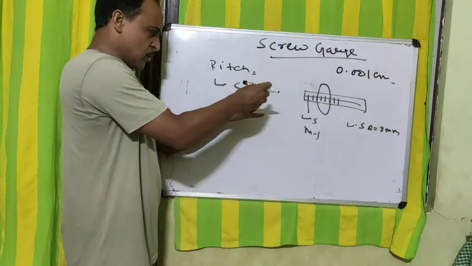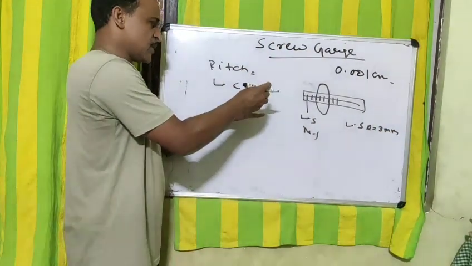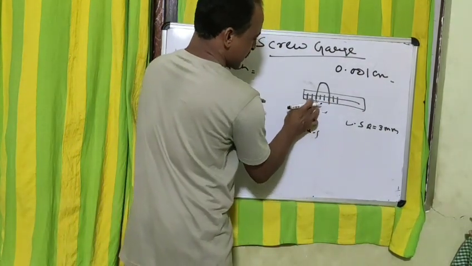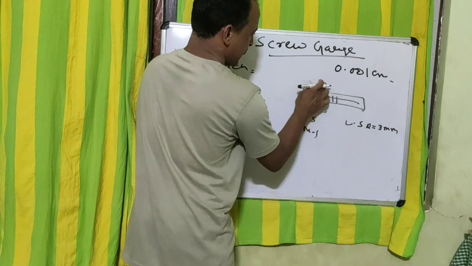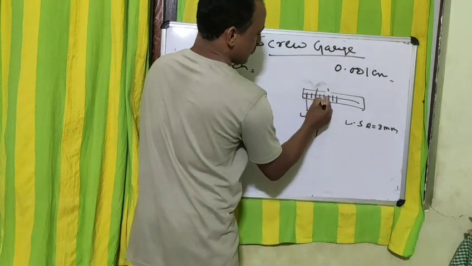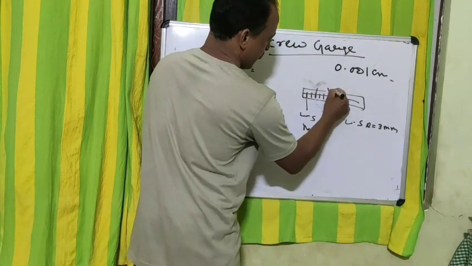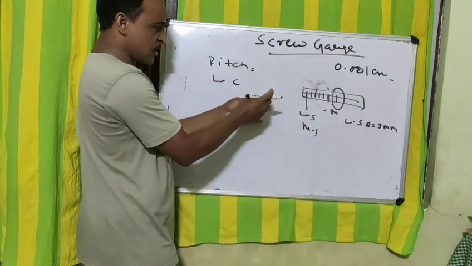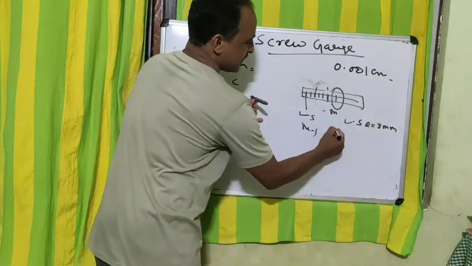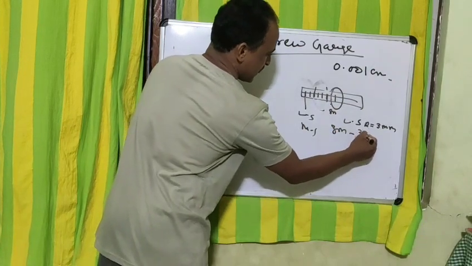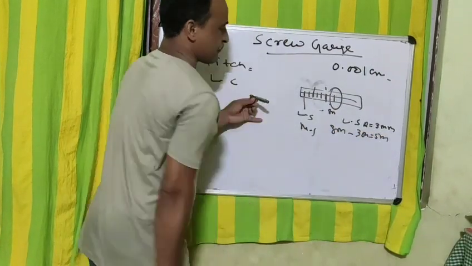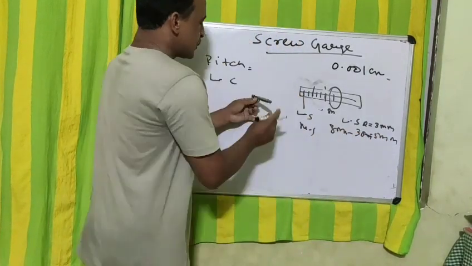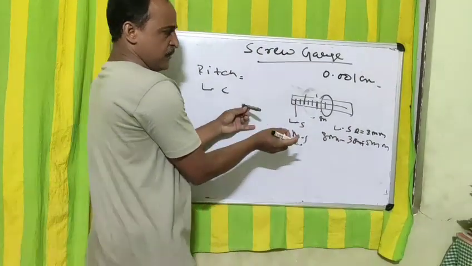Now rotate the screw 5 revolutions outwards, then measure how much linear distance it covers. It shifts up to 8 mm. So in 5 revolutions the distance moved is 8 mm minus 3 mm, which is 5 mm.